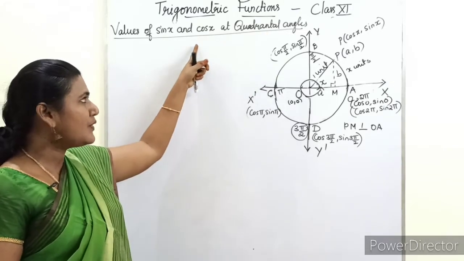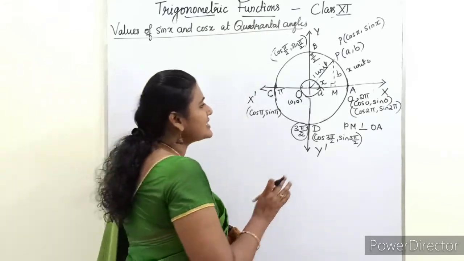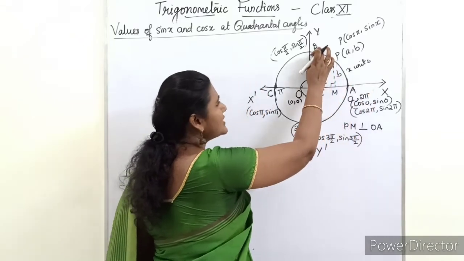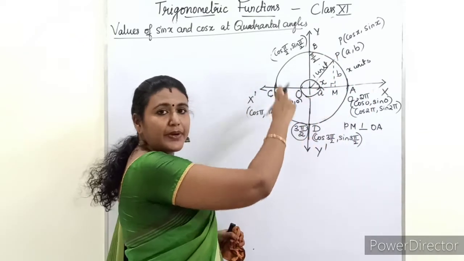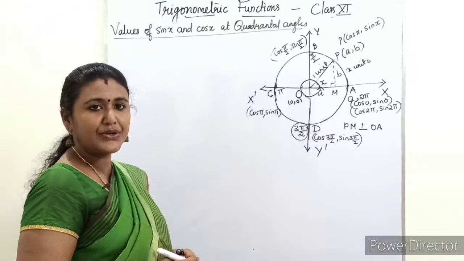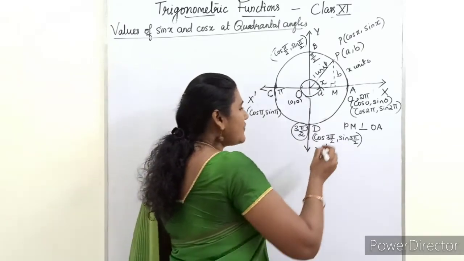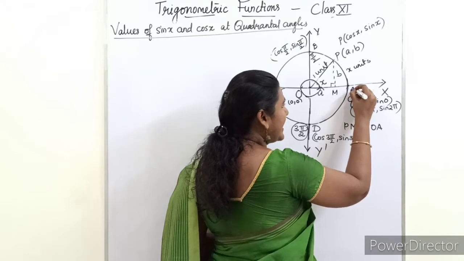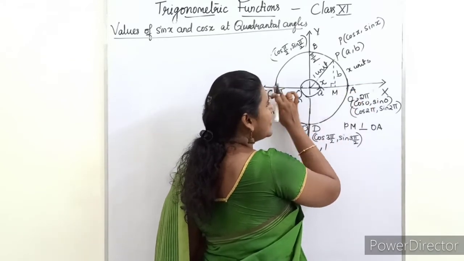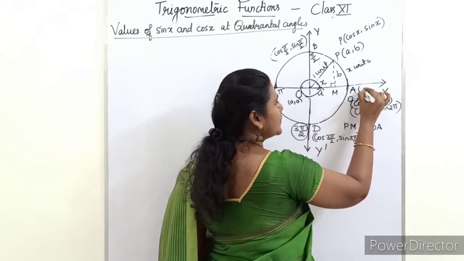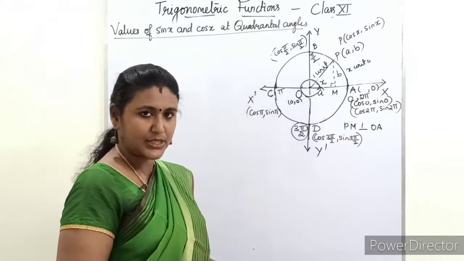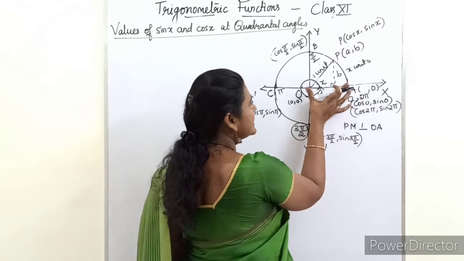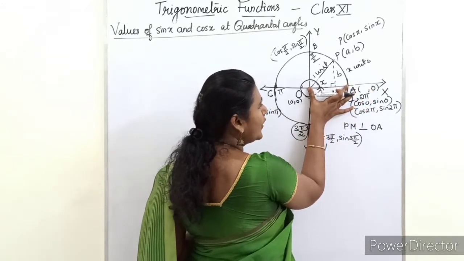Before going to see this, first we will see what are the coordinates of the points A, B, C and D with respect to the coordinate axis. We are going to find their coordinates. So first consider the point A. Actually A is a point on the x axis. If a point is on the x axis, then its y coordinate will be 0 and the x coordinate is nothing but the OA length.